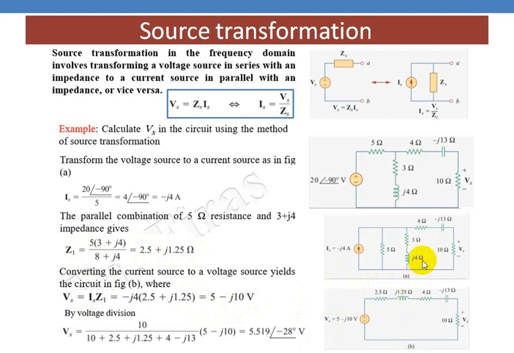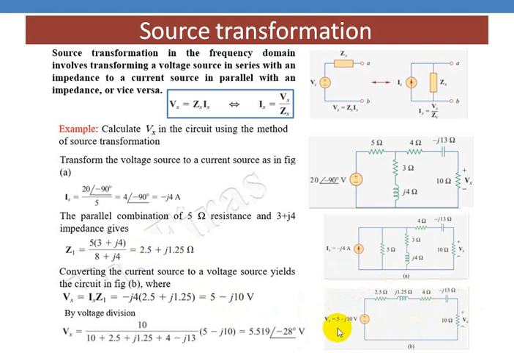So now this circuit, if you see, is a very simple series circuit. You have a voltage source in series with the reactance and resistances. So now you apply the voltage division rule and find out the voltage across this resistance.